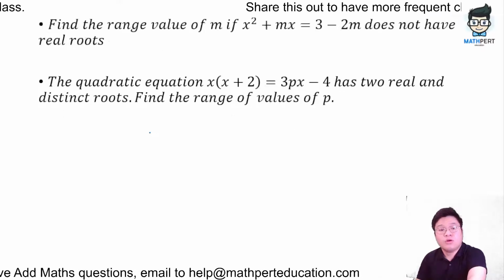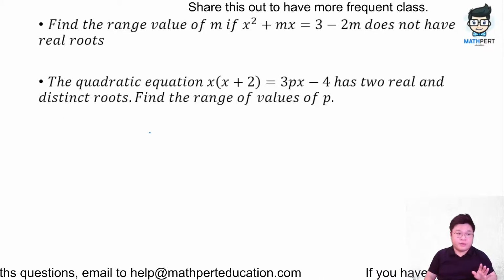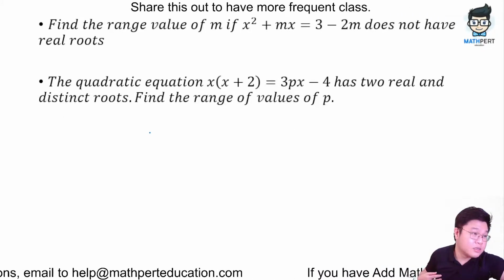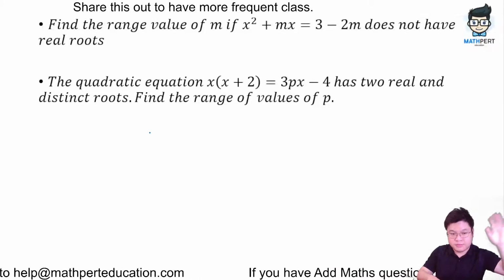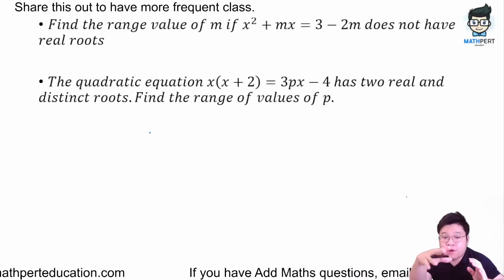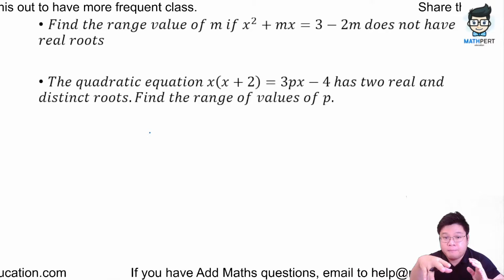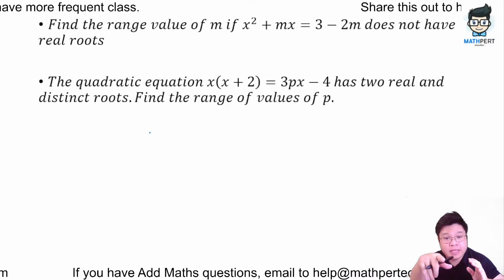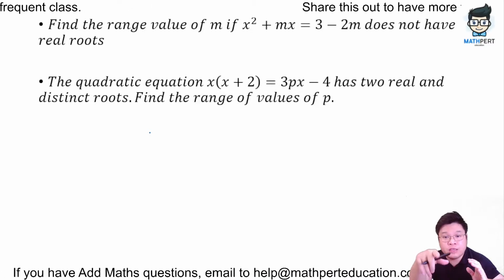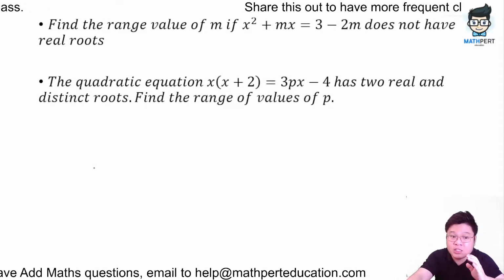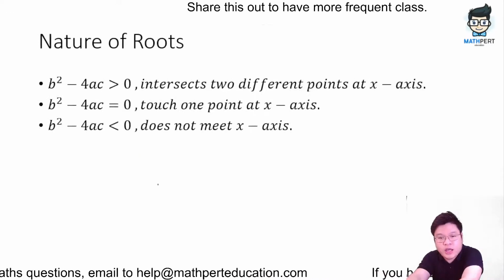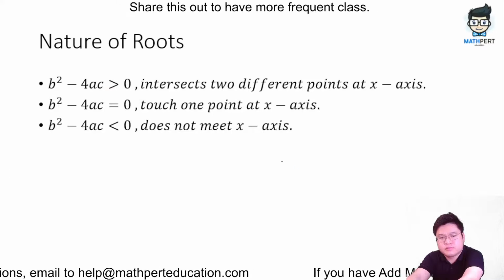So let's do the example. Find the range of values for m if x squared plus mx equals 3 minus 2m does not have real roots. Does not have real roots, what do you think?